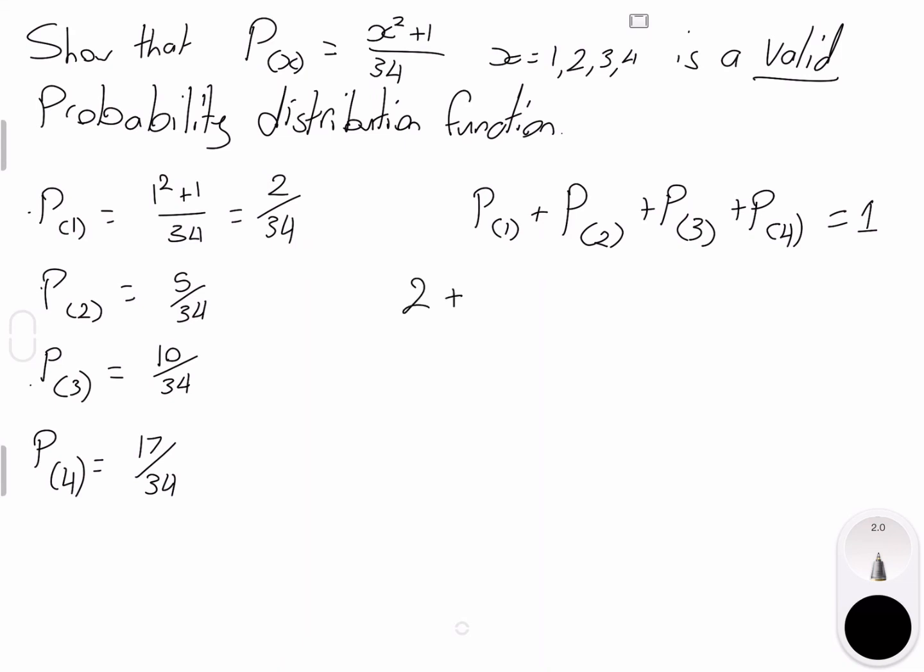Let's get 2 plus 5 plus 10 plus 17 all over 34, because, well, we're simplifying it a bit. We could put them all as fractions, but because they have a common denominator, we can just add them together. Another reason for leaving it as over 34. So 2 plus 5 plus 10 is 17. 17 times 2 is 34. So we get 34 over 34, which is equal to 1.